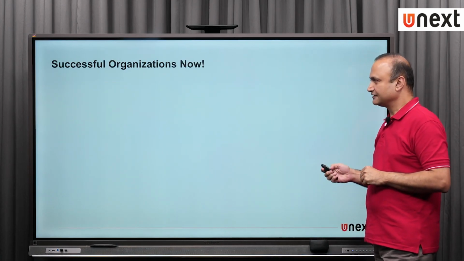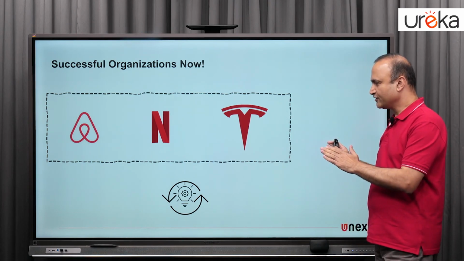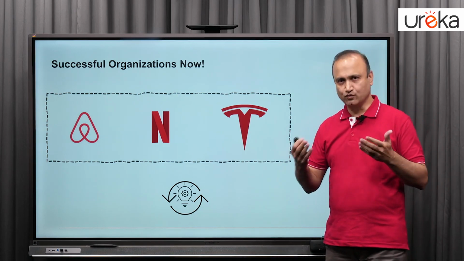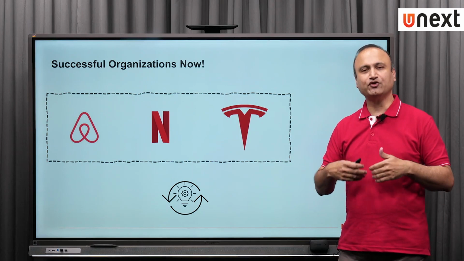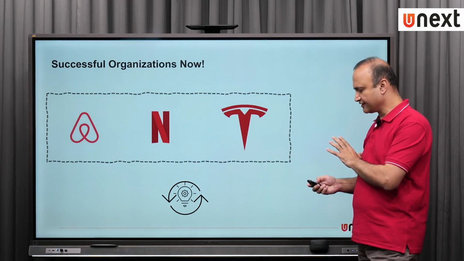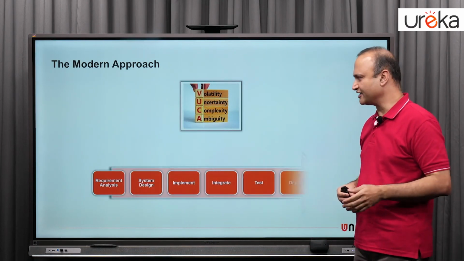The successful organizations of today are organizations which are able to continuously innovate, which don't pioneer just once, but they keep pioneering. They keep innovating, they keep transforming. And what is common in these organizations is that they have followed a modern approach towards product engineering.